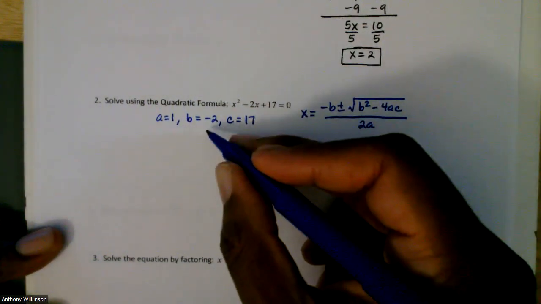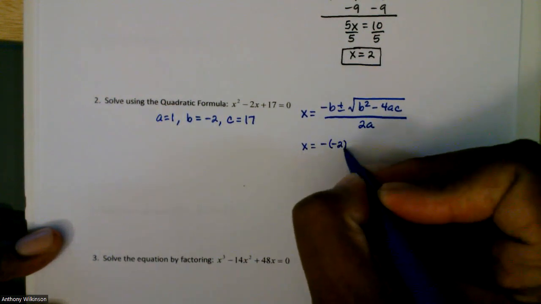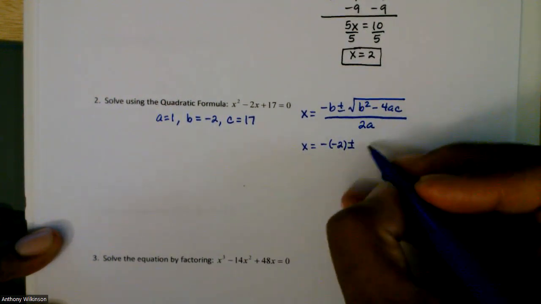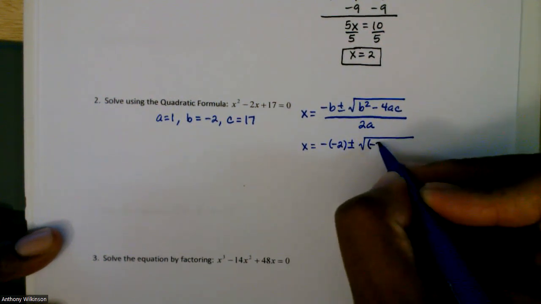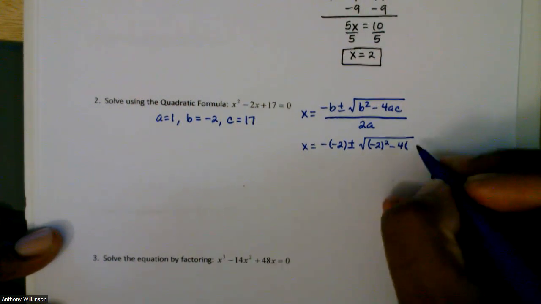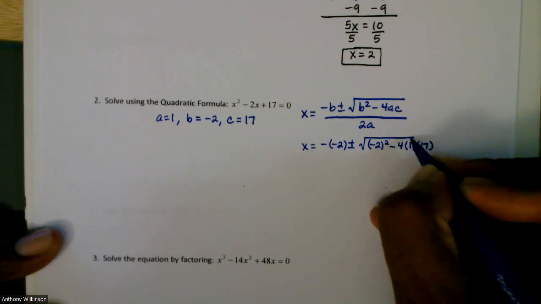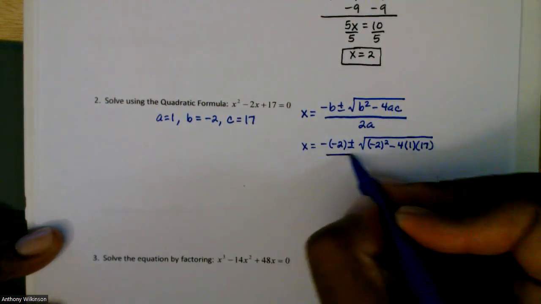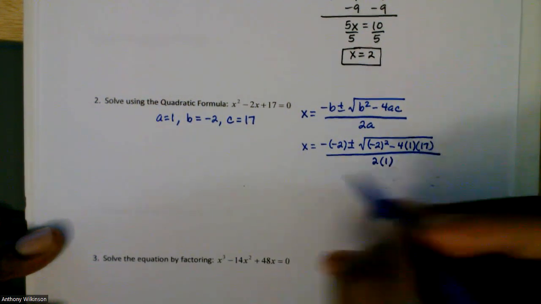I bring that down. That b is -2, so it'll be negative of -2 plus or minus the square root of b again is -2, that's squared, minus 4 times a, which is 1, times c, which is 17. That whole thing is divided by 2 times a, which is 1.